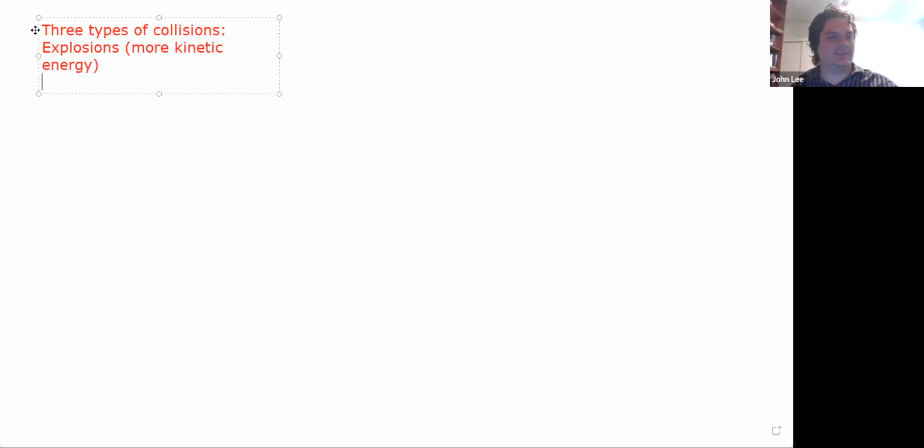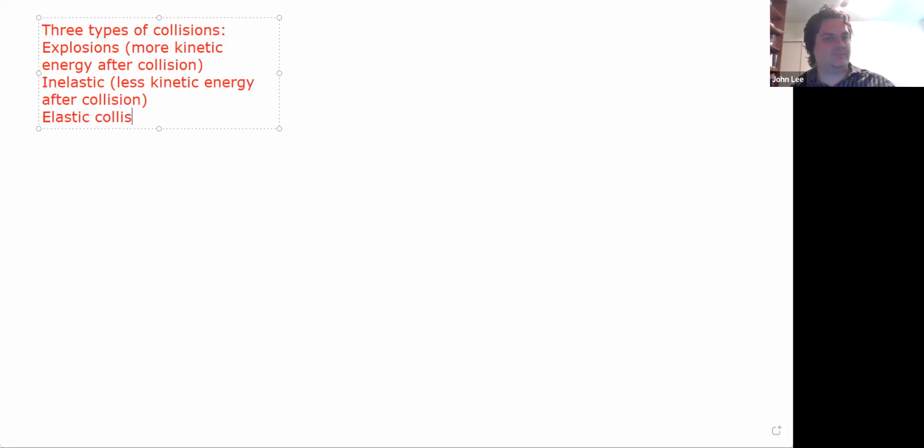We have three types of collisions: explosions, where you have more kinetic energy after the collision; inelastic collisions, where you have less kinetic energy after the collision; and elastic collisions, where you have the same amount of kinetic energy after the collision.